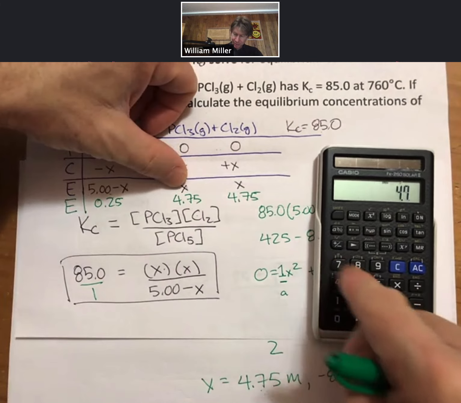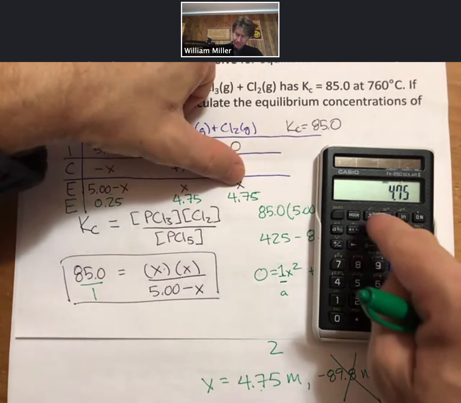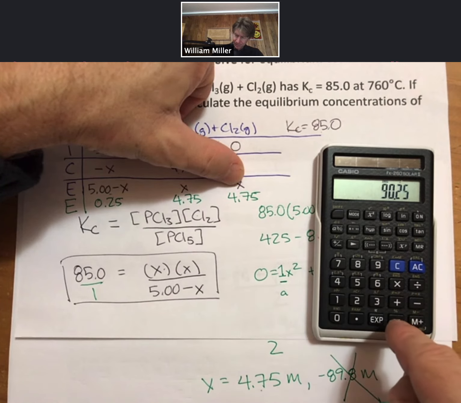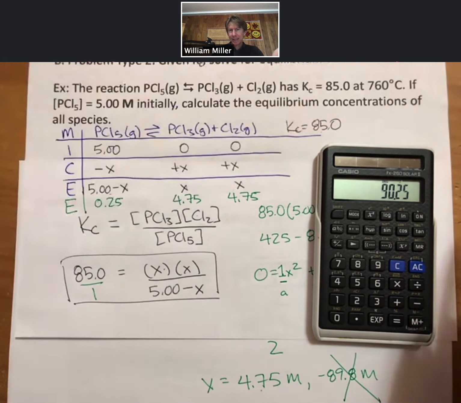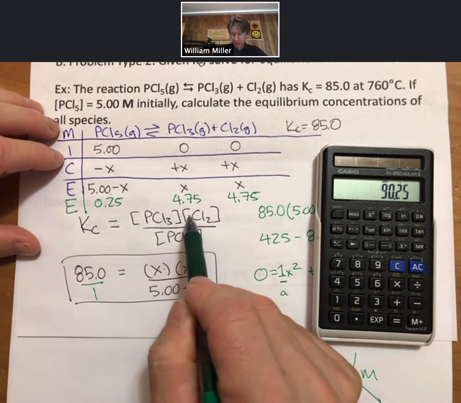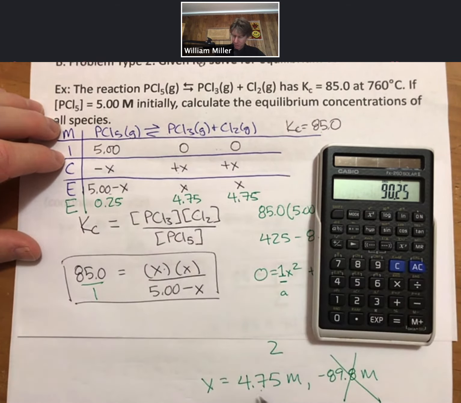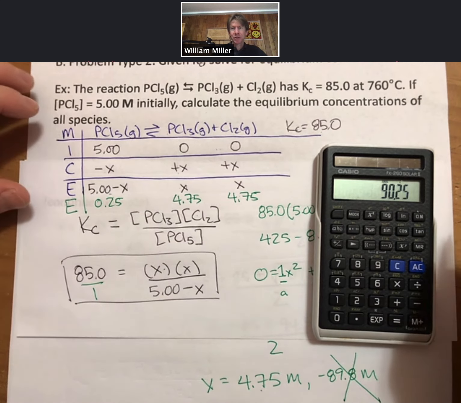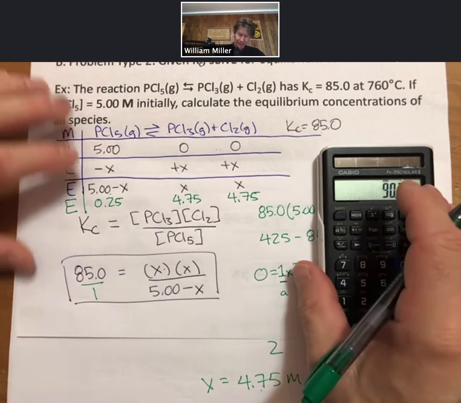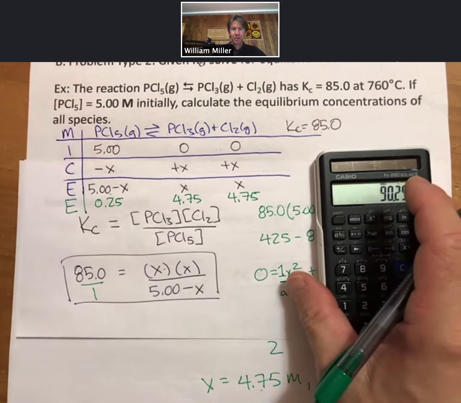So 4.75 squared divided by 0.25. You can see I get 90 here. Whenever you do multiplication and division of numbers with small differences, you're going to get something very close. So getting 90 is close enough.